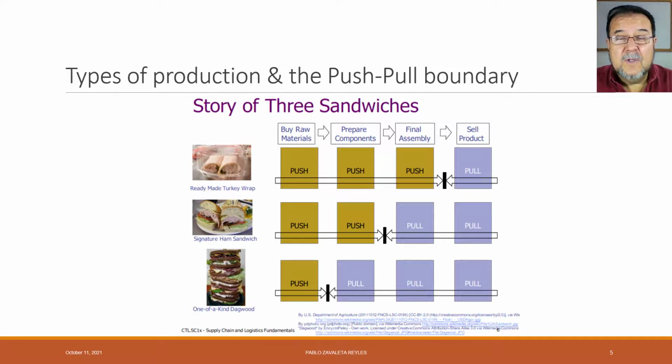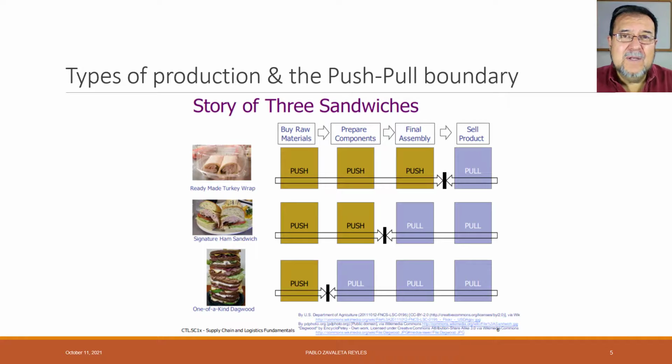Or, for example, the customer might come in and say, I want a huge sandwich. Then we have bought all the raw materials, but we don't prepare this sandwich until the customer wants, and then we finally prepare the components and the final assembly.